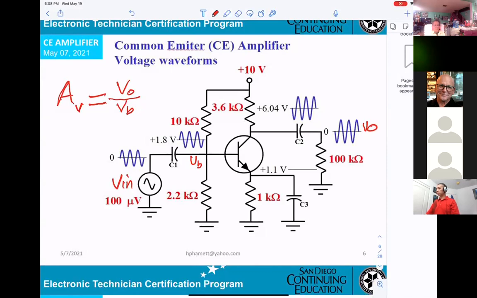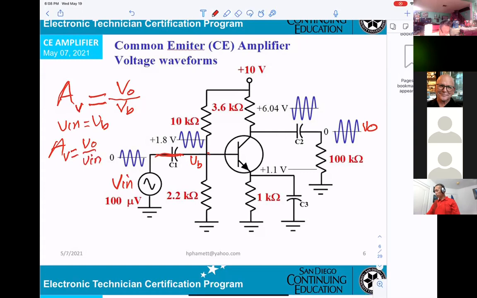Okay, now in this case, V in equals VB, right? That is shorted. So the V in here or VB here will be the same. You see that? So that's why sometimes they say, okay, in that case, AV equals V out over V in.